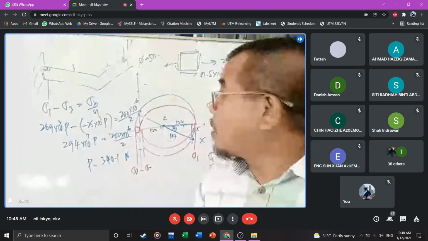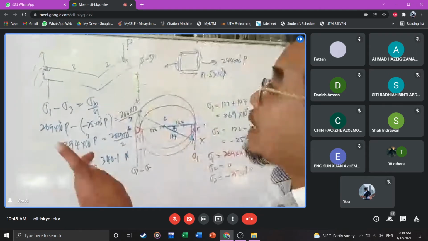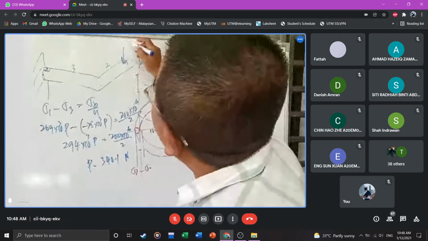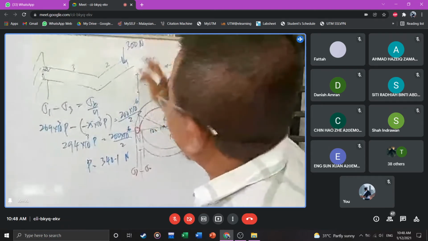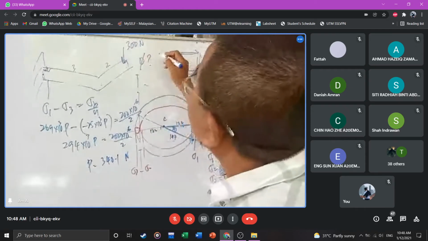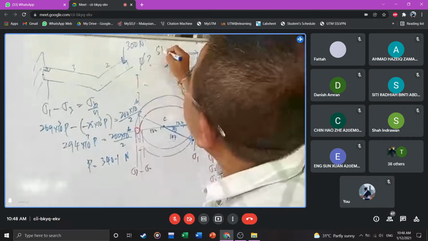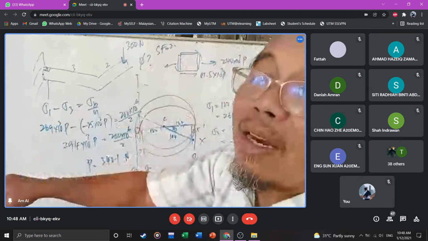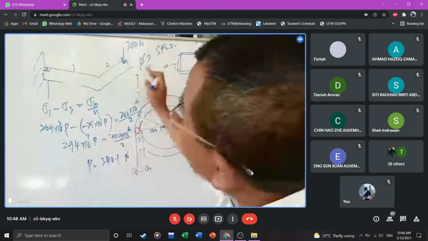Now I know this load, let's say I put 300 Newton. But I don't know the size. What is the size there? For it to be safe, safety factor of 2 or 2.5. Can I do that one? Yes, you can always do that one.